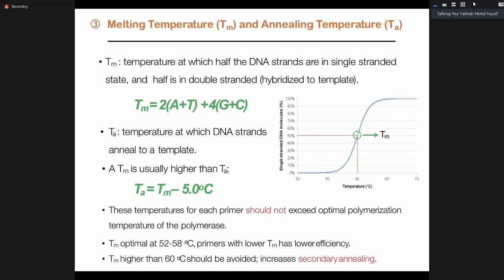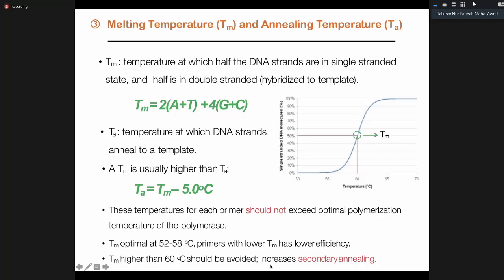At each different melting temperature, you will get a different band. The band could be only one or more than one. If you get more than one, it means you get non-specific binding or non-specific PCR products. You don't want that, so choose the reaction with only one PCR product or only one band. Melting temperature higher than 60 should be avoided.